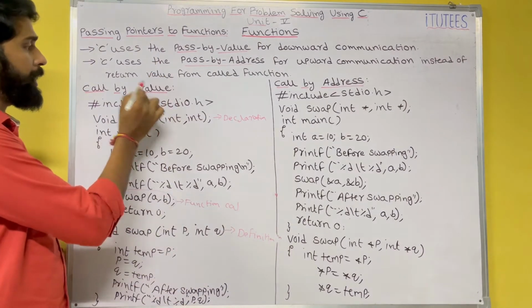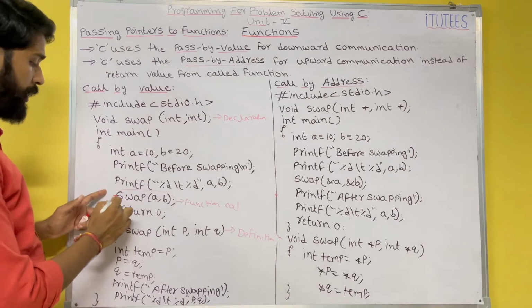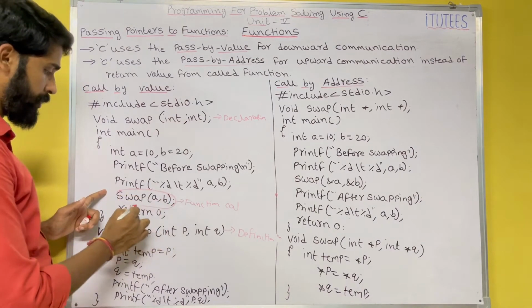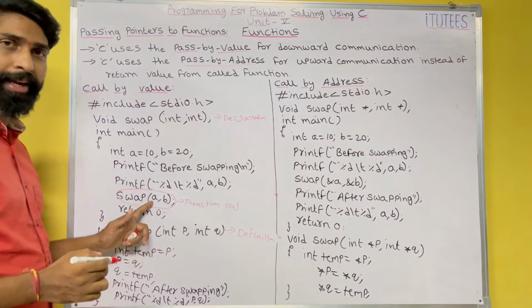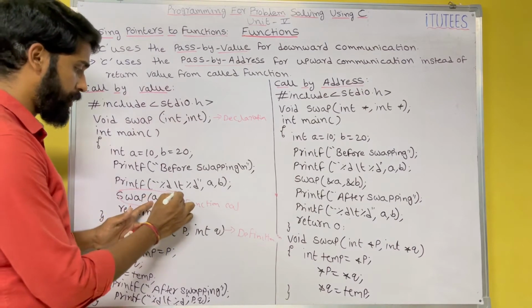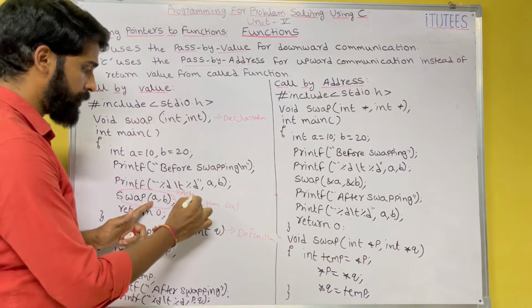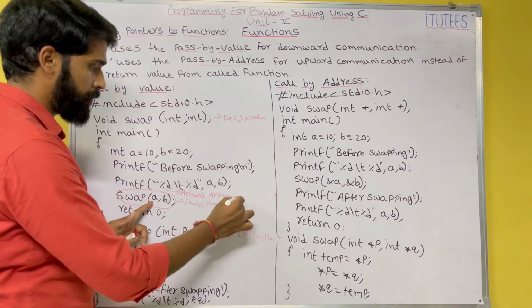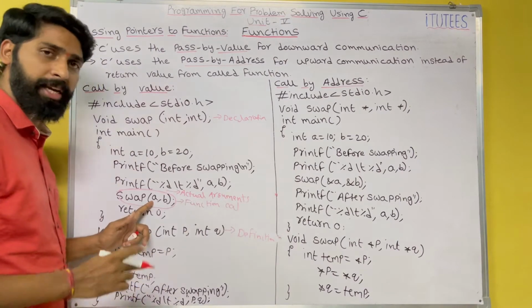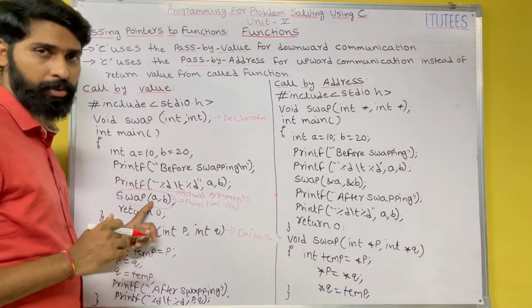Here, where is the function call? This is the function call. In this function call, I am using a comma b, and these are called actual arguments. So what are the actual arguments here? A comma b are the actual arguments.